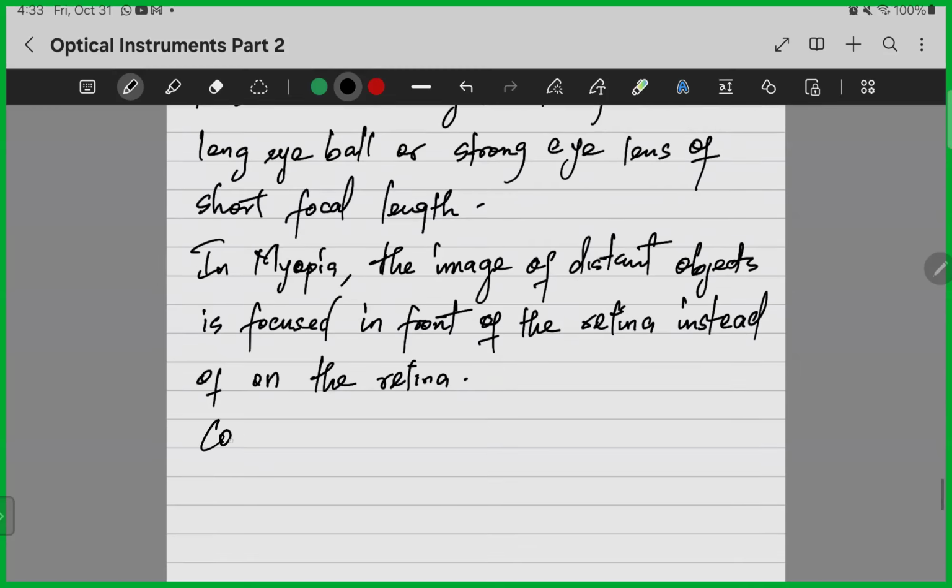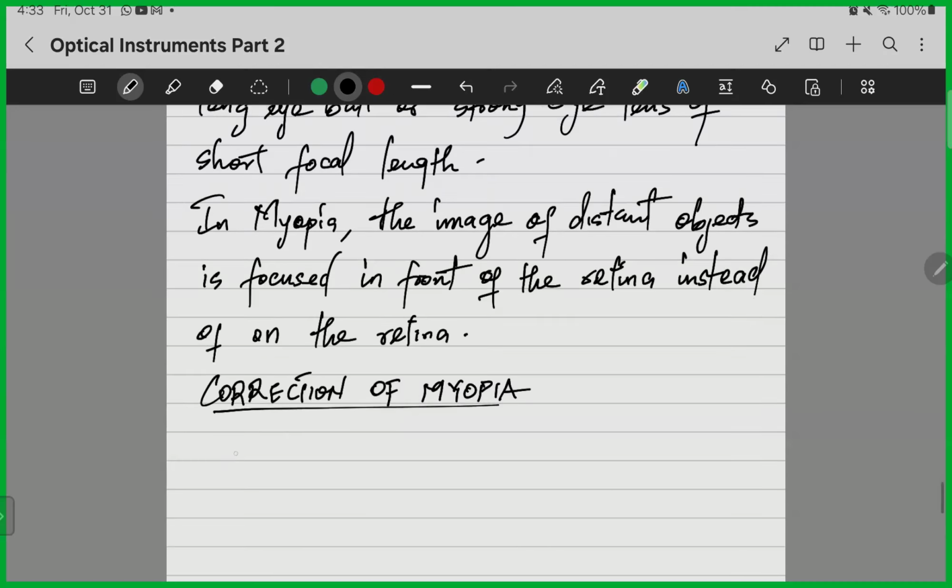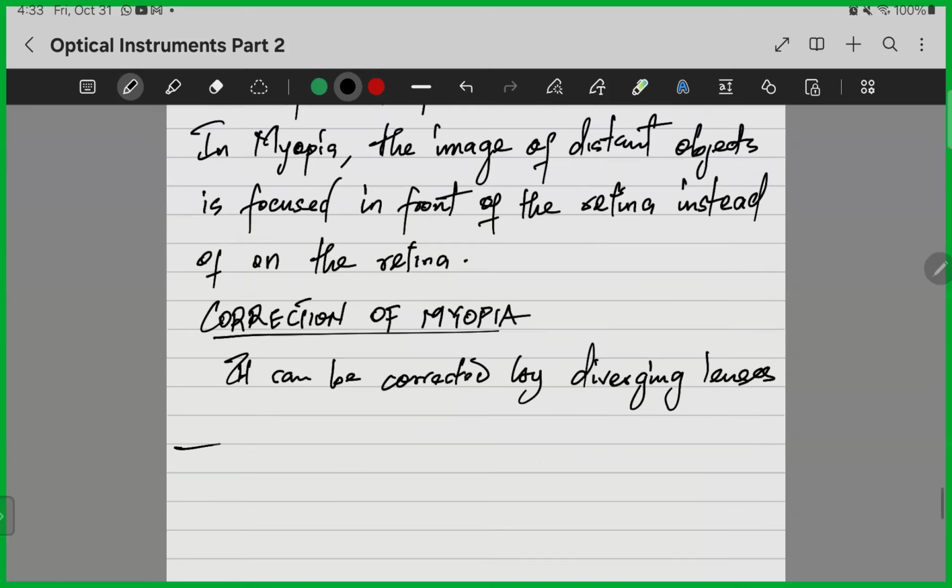So the correction of myopia, it can be corrected by diverging lenses. Give you 2 seconds to tell me another name for diverging lenses. We have already talked about converging lenses. You are right. Concave lenses.